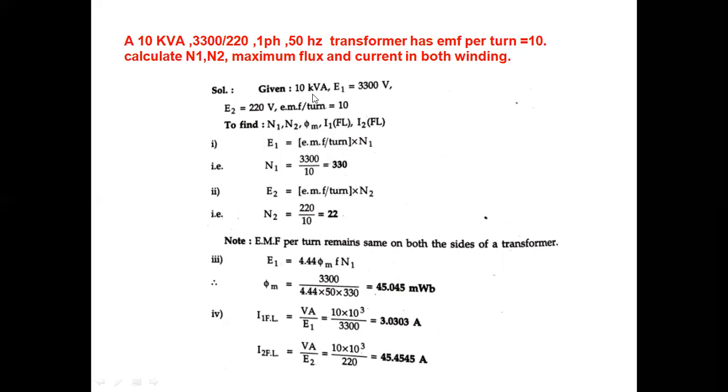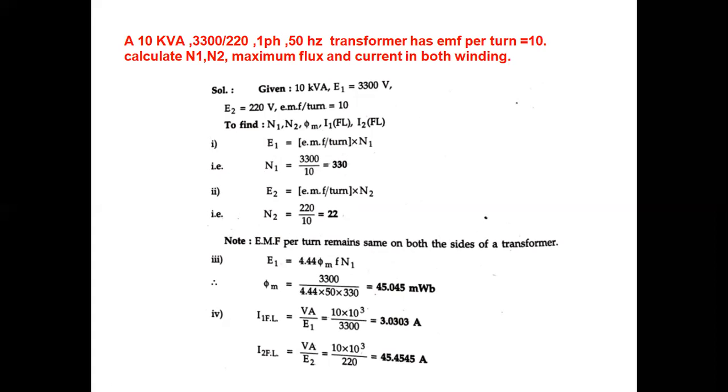Given data are the transformer rating in terms of kVA, that is 10, E1 is specified as 3300, E2 is 220 and EMF per turn equal to 10. To find out N1, I will use this formula: EMF per turn into N1. Using that, all the data are known to us and it is easy to calculate N1 as 330.